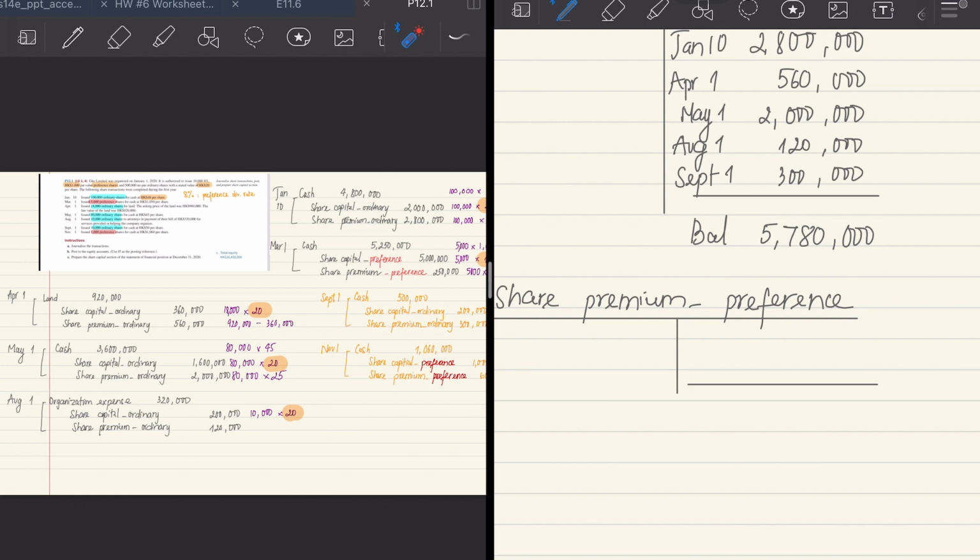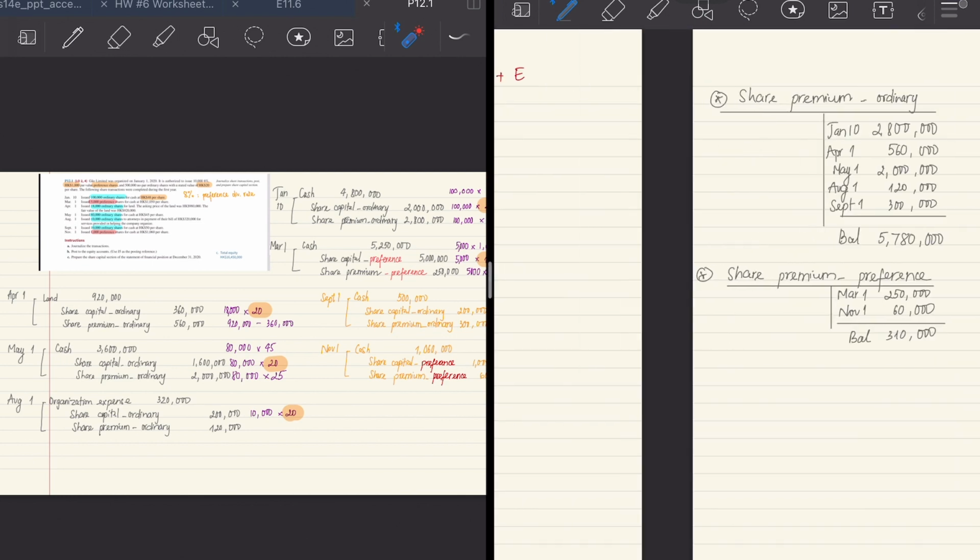So be careful with the debit side and credit side. March 1st, we have 250,000, and here is 60,000. So the balance would be 310.